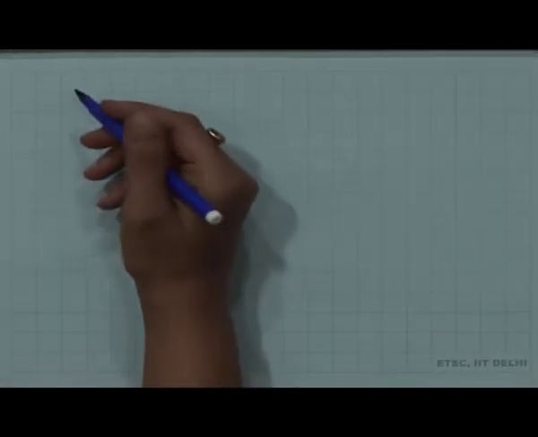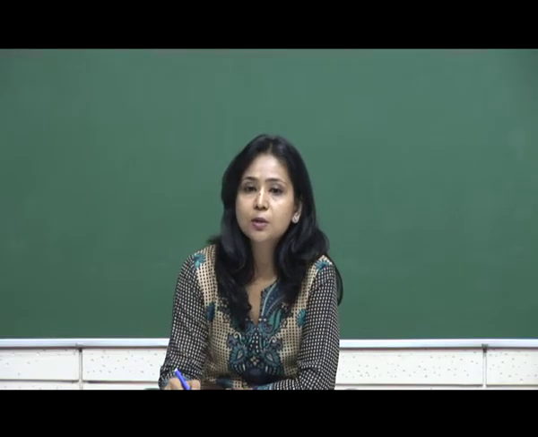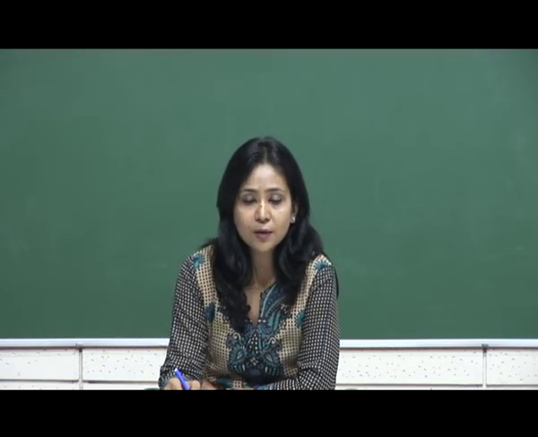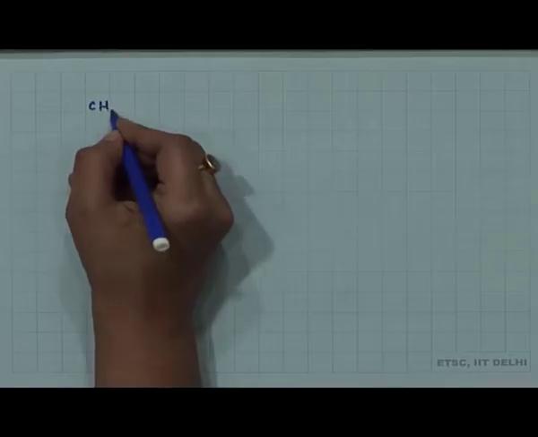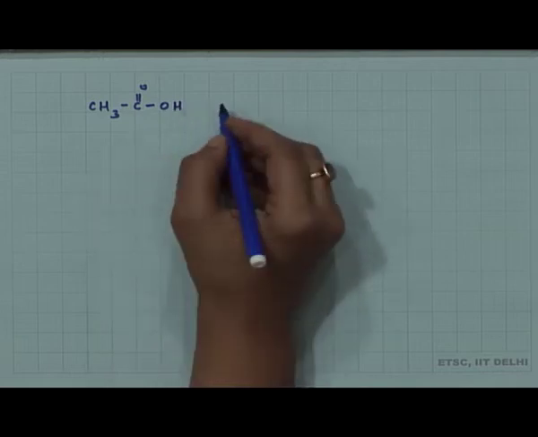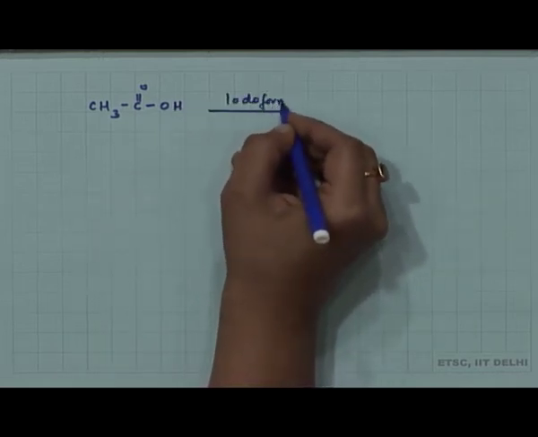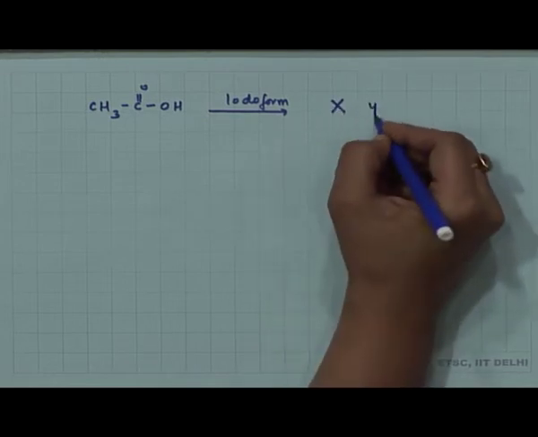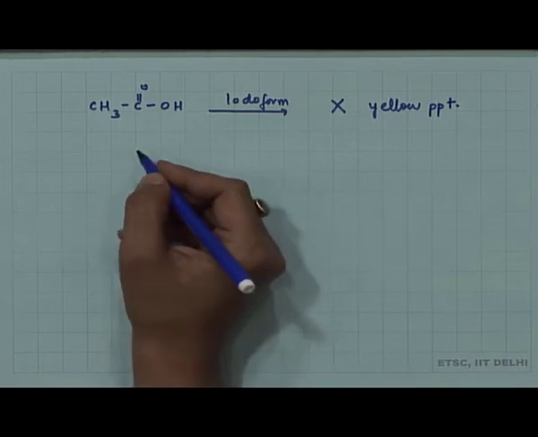I would also like to comment on the substrates which would give a positive haloform reaction and substrates which would not respond to the haloform reaction despite having an acyl unit. Let me show you a few examples. If you take acetic acid and subject it to the iodoform reaction, you do not get any yellow precipitate. It responds negatively to this reaction.